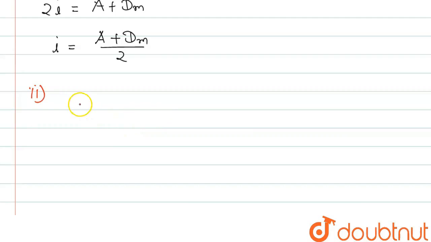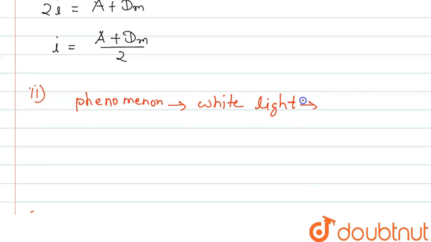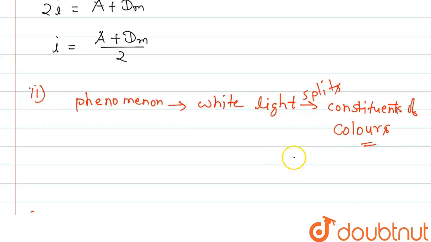So the dispersion of light is the phenomenon in which the white light splits into its constituent colors.